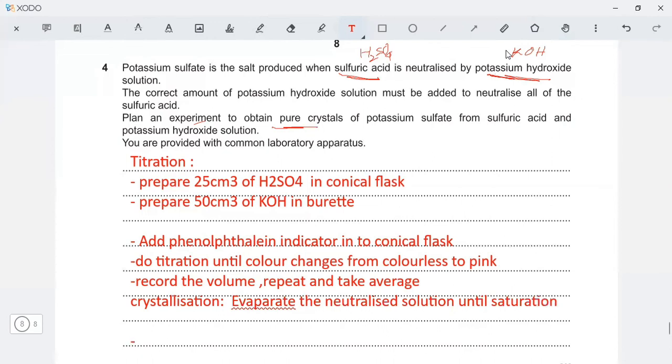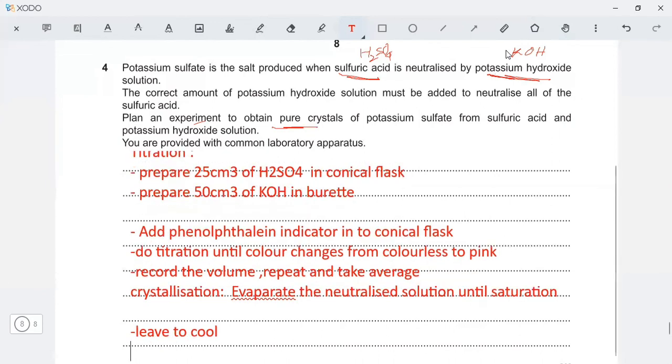Second step, what you do? Leave to cool. And after cooling, of course, you have to wash the crystals on filter paper. Wash the crystals.